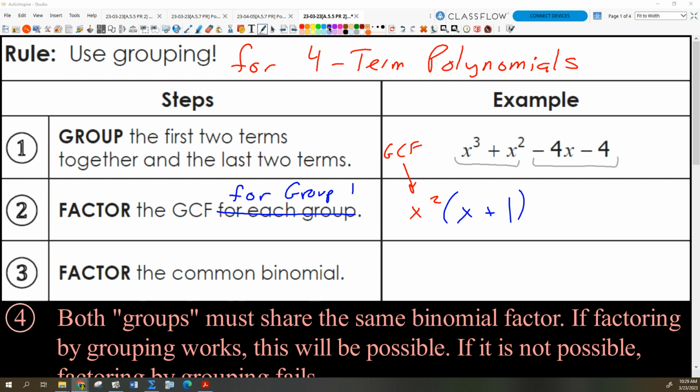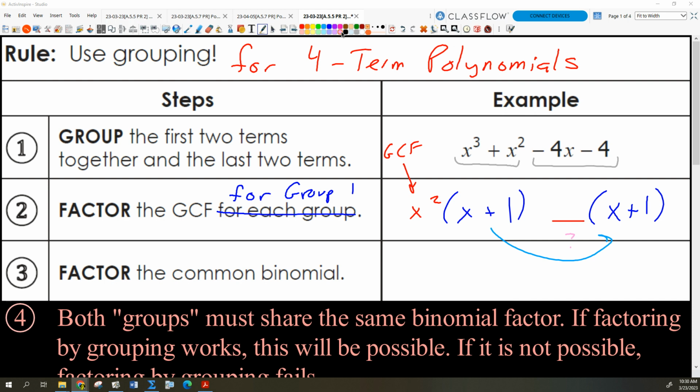So to make this the easiest possible way, we're just going to copy that binomial factor over to group 2. But we have to ask ourselves: is it possible that I could undistribute something that would make that happen in group 2?